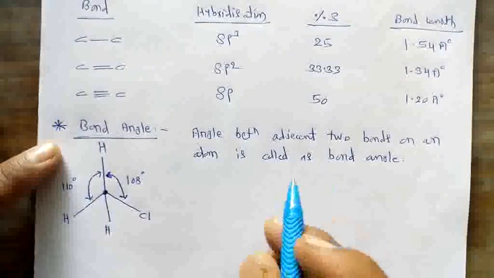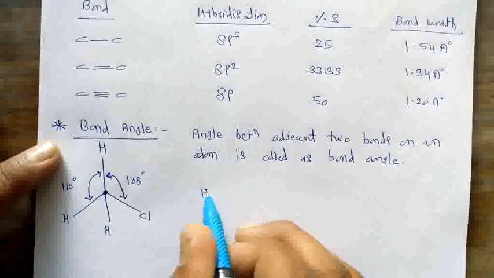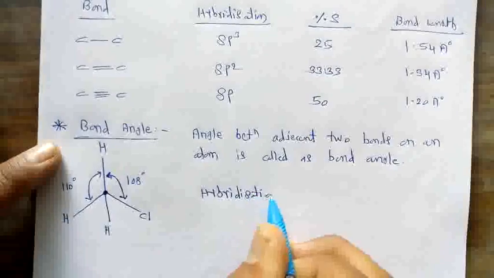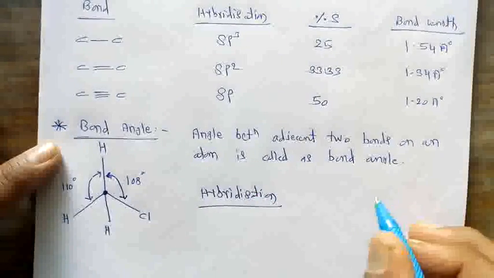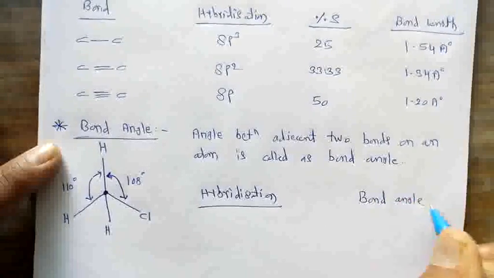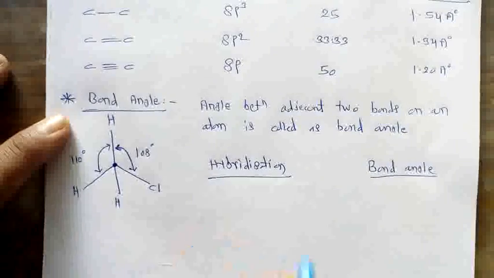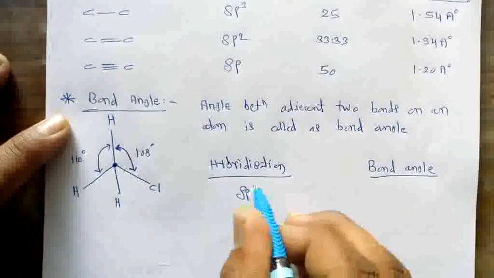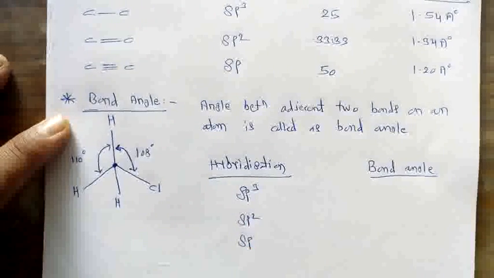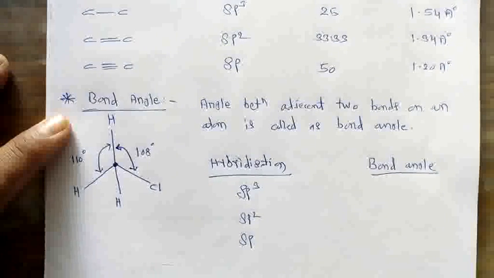So if we consider the type of hybridization and its respective bond angle value, how is this hybridization important? If we consider the three basic types of hybridization, sp3, sp2, and sp, then they have different values of the bond angle.